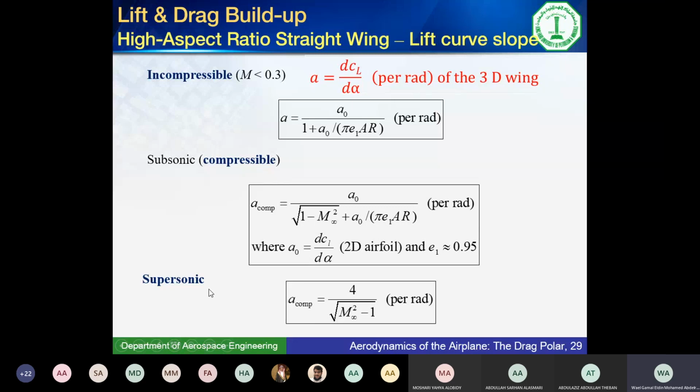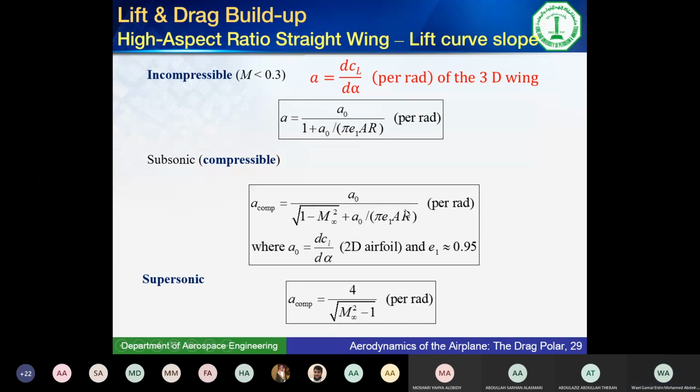And it's totally different if the air is moving at supersonic speed, where the wing doesn't get accustomed to the air. It doesn't see the air slowly as in here, it just gets shocked with the air. So in this case, the slope has a totally different relationship, 4 over the square root of Mach squared minus 1. You see here the relationship does not depend on the aspect ratio.